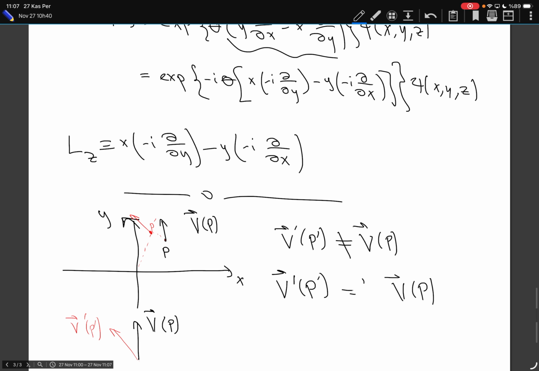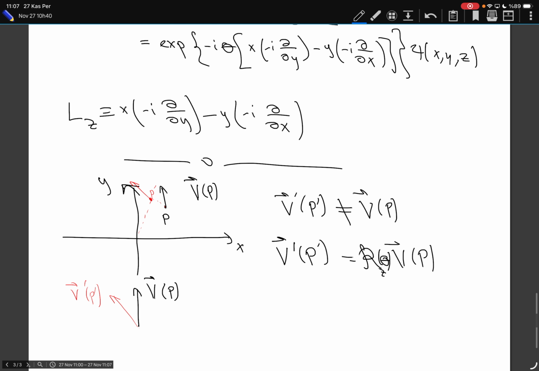So let me write it. I'm not just rotating the coordinates, I'm rotating the vector itself. So there are two things that I have to consider. One, the rotation of the coordinates. The other one, the rotation of the vector itself.